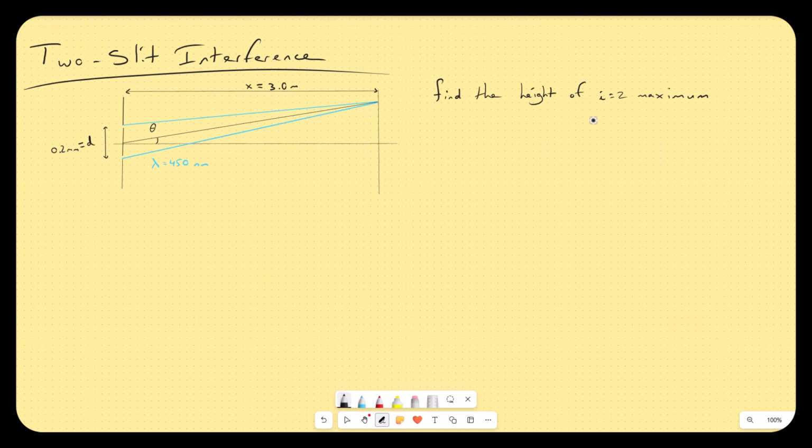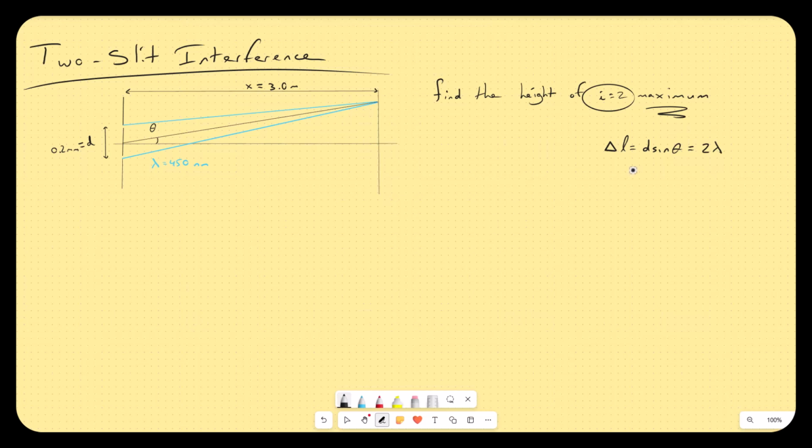I want to find that I equals 2 maximum. So I'm looking for a maximum, so I know that I need my path length difference, which is equal to d sine theta, to be equal to a whole number of wavelengths, and I'm looking for I equals 2, so it equals 2 times the wavelength.